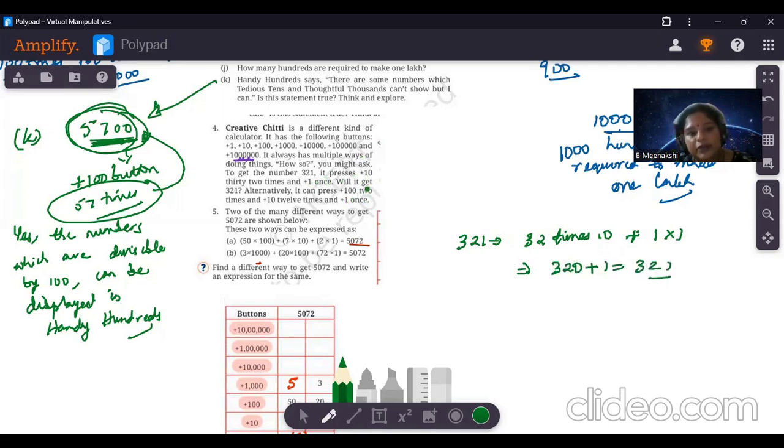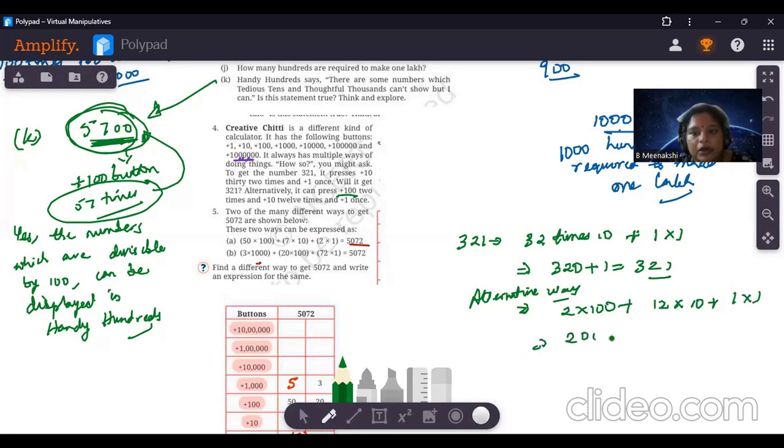What is the alternative way of writing? They have given: press 100 2 times, that is 2 into 100, plus 12 into 10, that is, we are pressing 10 12 times, plus 1 time 1.